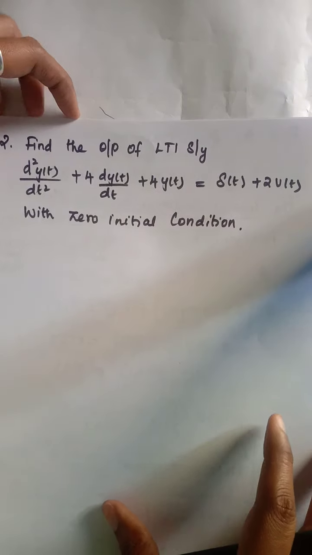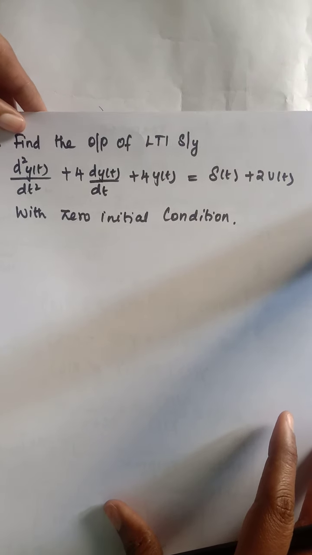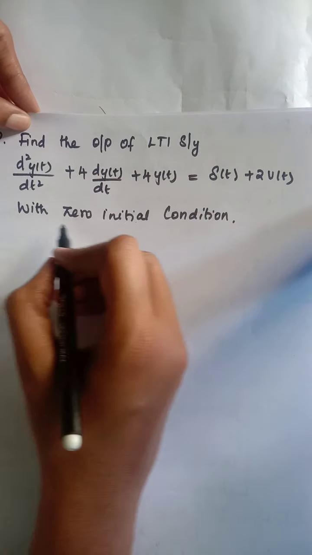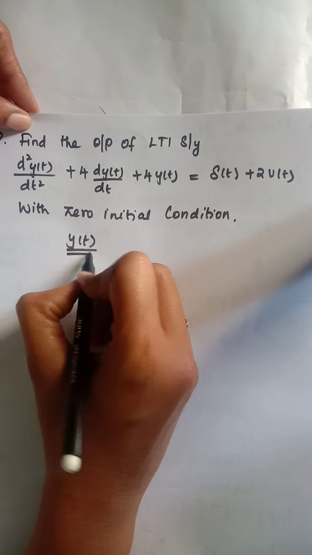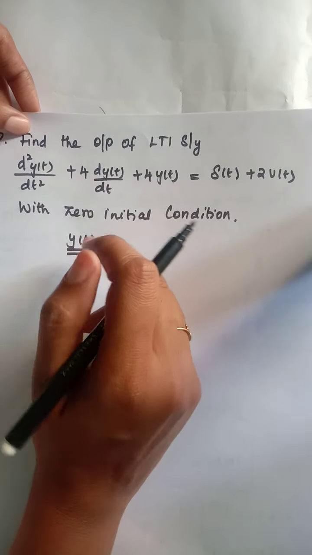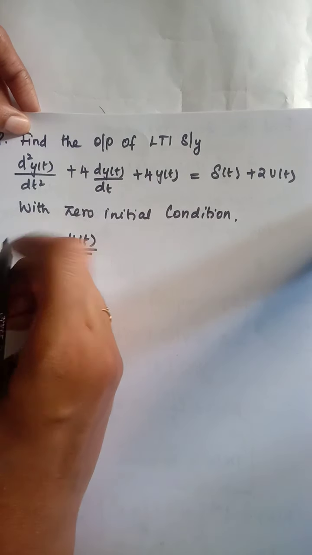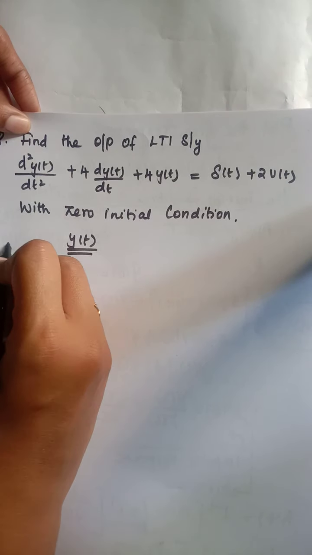Now consider this problem. What we need to do is find the output of the LTI system, that is, we need to find y of t by solving this differential equation. The first step is to apply the Laplace transform.